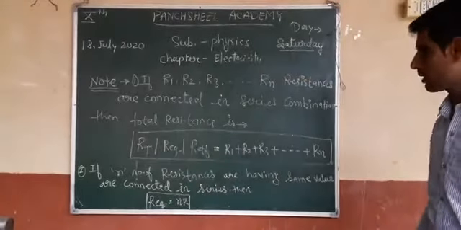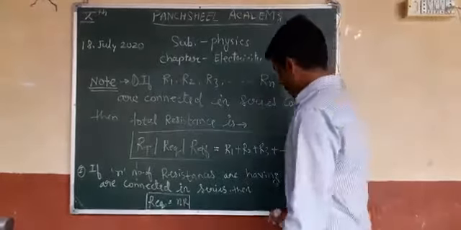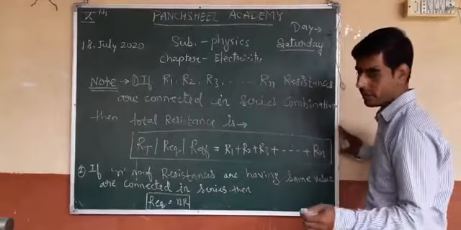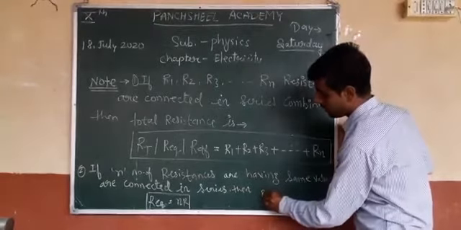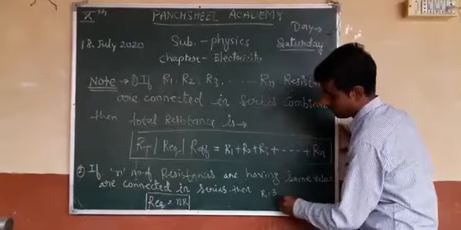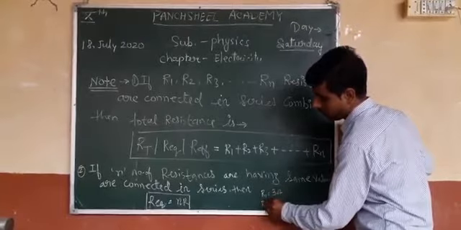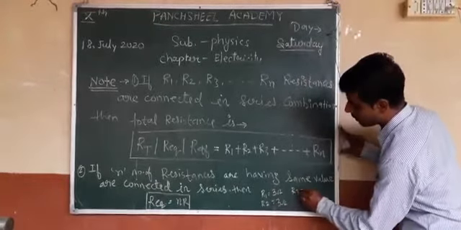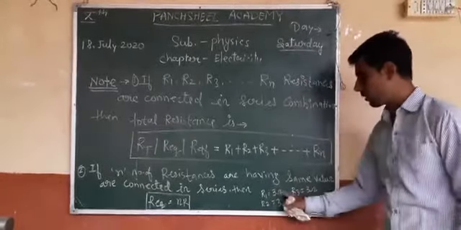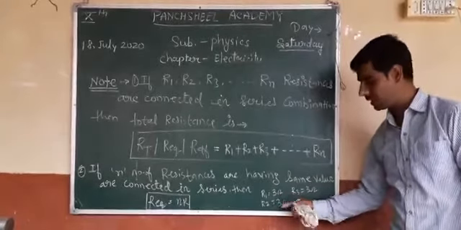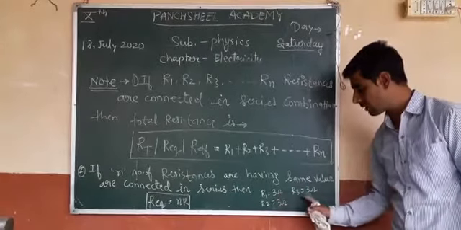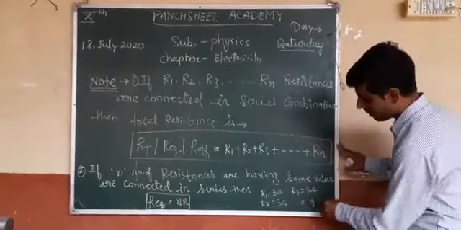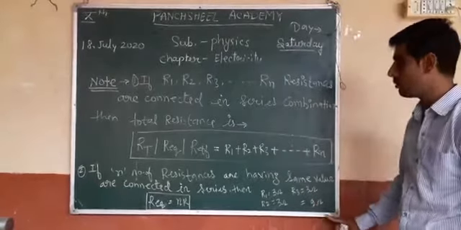How n into R? Suppose there are three resistances and all three resistances have the same value. Suppose R1 equal to 3 ohm, R2 equal to 3 ohm and R3 equal to also 3 ohm. And what is the value of these three resistances when these are connected in series? 3 plus 3 plus 3 equal to 9 ohm. And how to write 9 ohm?